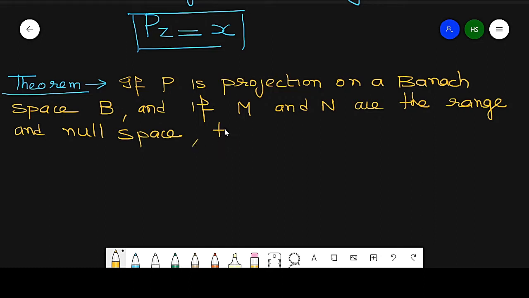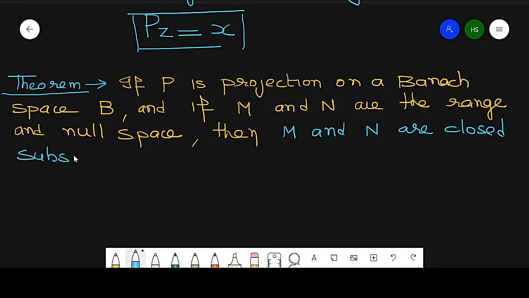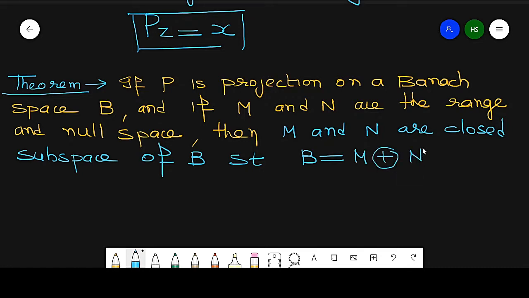Then prove that M and N are closed subspaces of B such that B is equal to the direct sum of M and N. This is the statement of the first theorem of projection.